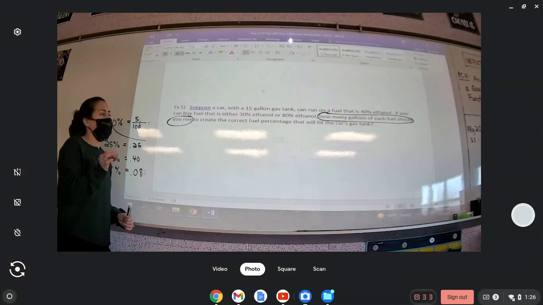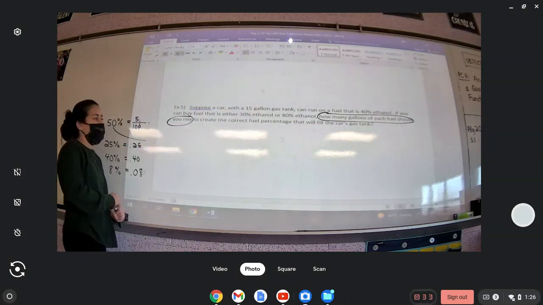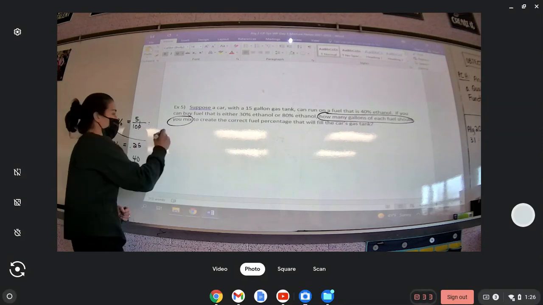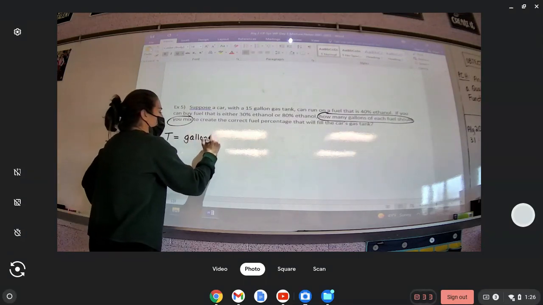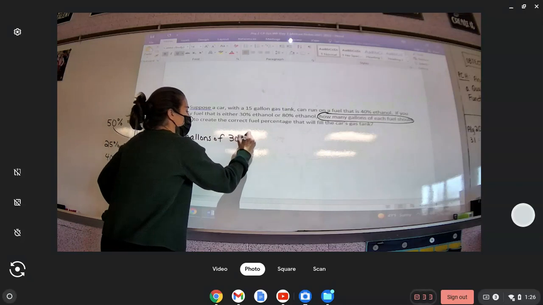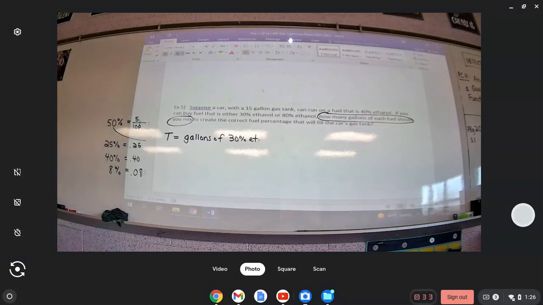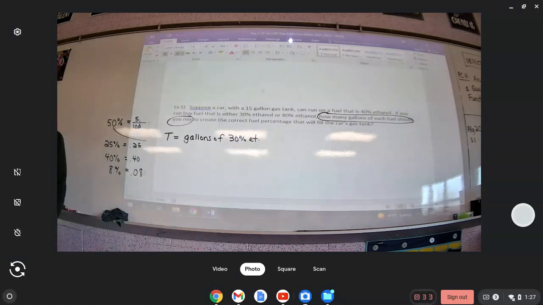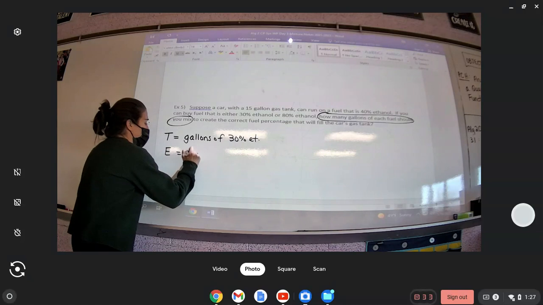All right, so what would be a good variable to use for the gallons of 30% ethanol? I used T for 30, but use X, Y, whatever you got to do. Okay. What would be a good variable to use to represent the gallons of 80% ethanol that you have to use? I use E for 80, but you can use whatever you want.